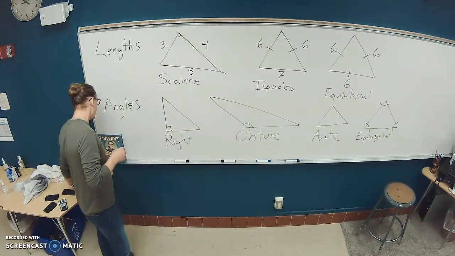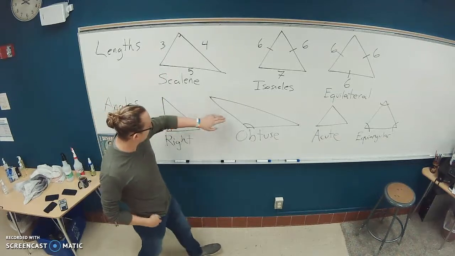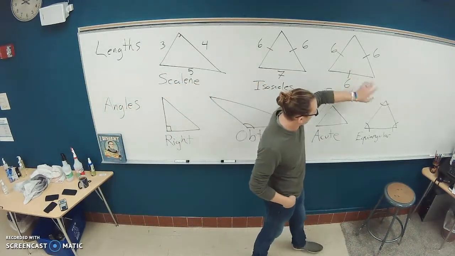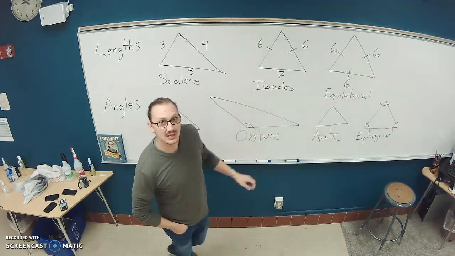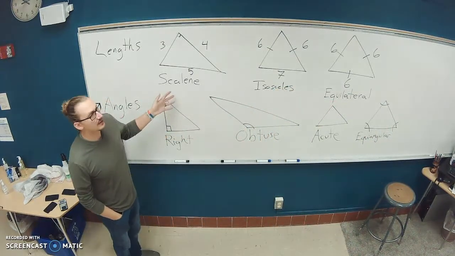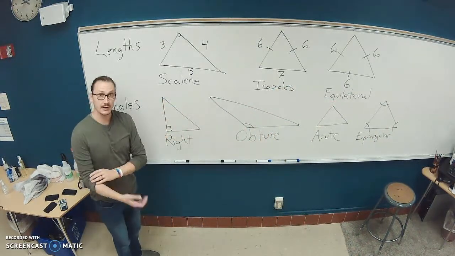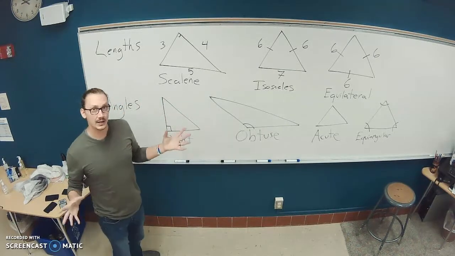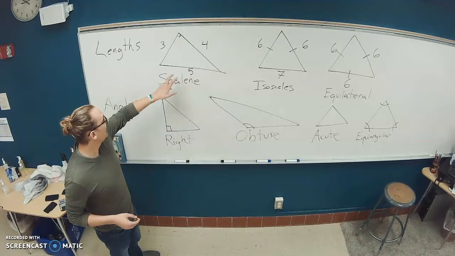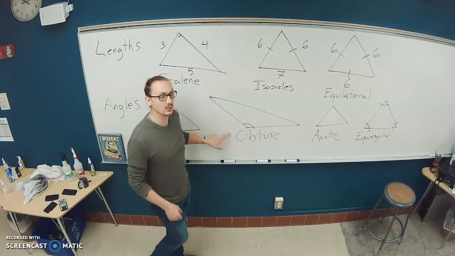Today what we're going to look at is using these classifications, all those classifications. If I give you a triangle, can you tell me which of these seven it is? And I'm going to tell you right now, there are both lengths and angles, so each triangle is going to be, for example, a scalene obtuse, okay?